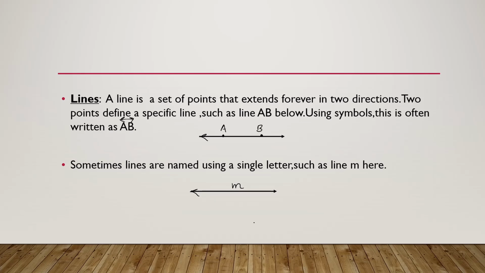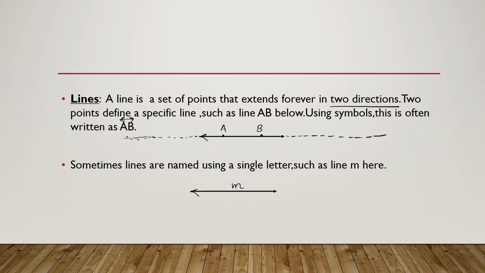Third one is lines. So what are lines? A line is a set of points that extend forever in two directions. A ray can extend only in one direction, and a line can extend in two directions. In this picture, AB is representing the line and it can extend in this direction indefinitely, and in this direction too.